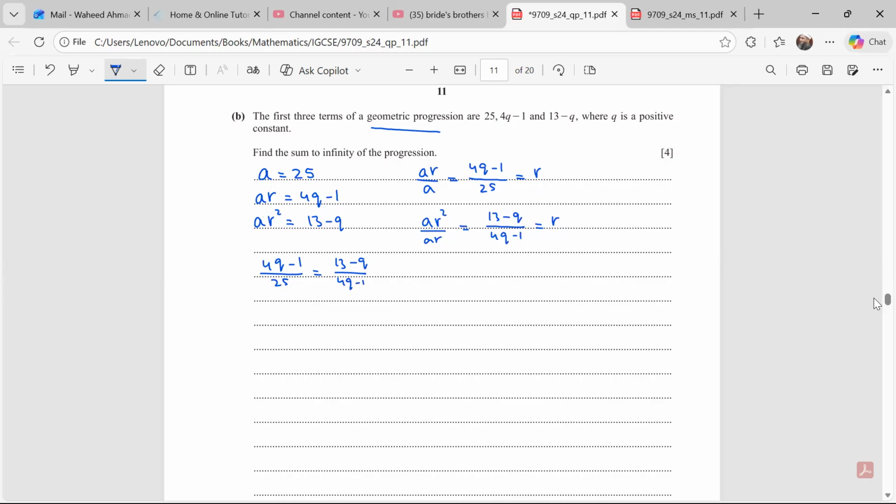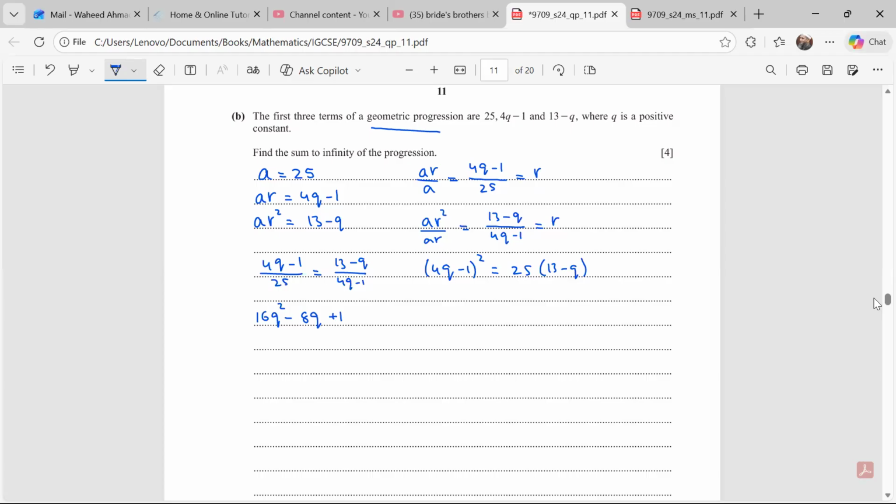So cross multiplication: 4q minus 1 times 4q minus 1, its square, equals 25 into 13 minus q. If I open this square, it's going to be 16q square minus 8q plus 1, right? a square minus 2ab plus b square.